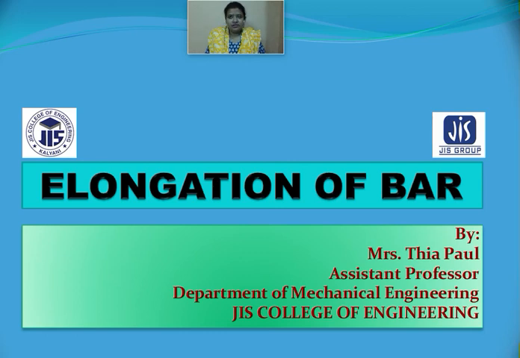For various materials, there will be a change only in the parameter modulus of elasticity, or Young's modulus, E, because its value varies for different materials. Before we proceed with the lecture, let's have a look at the content.